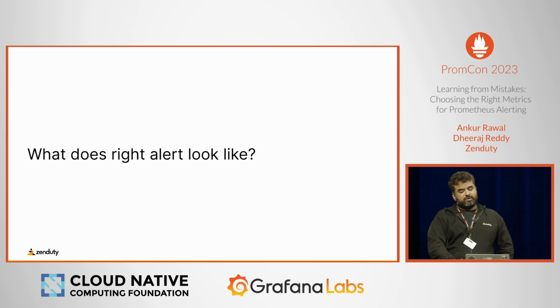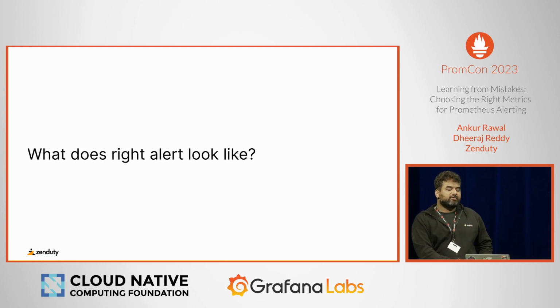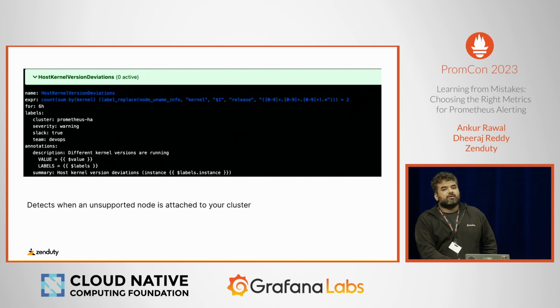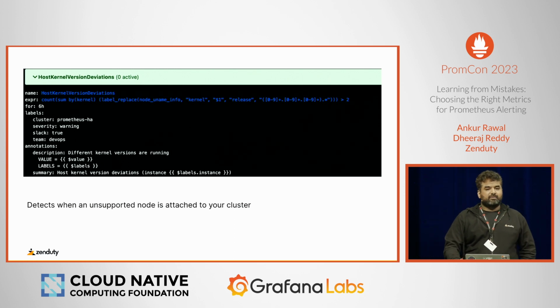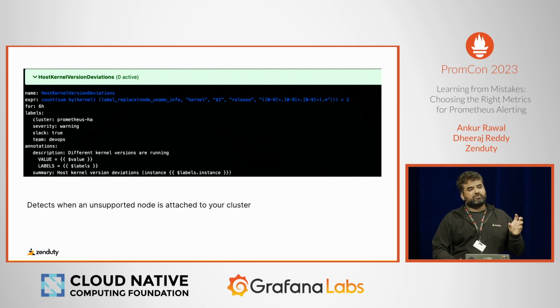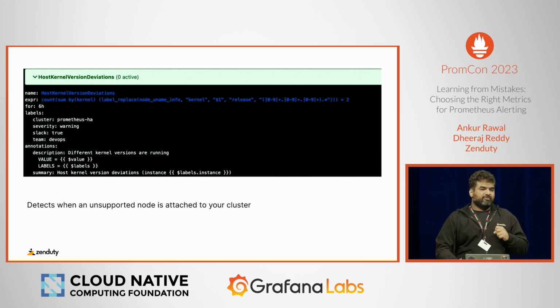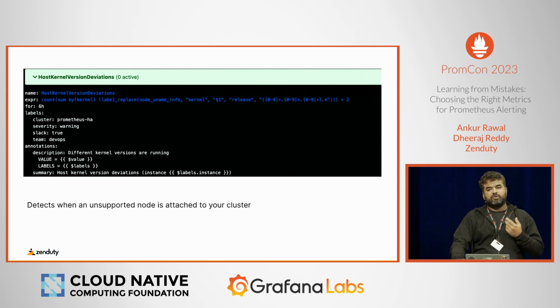I'll cover a few examples of what a right alert looks like. This is one example which we have seen. We need to keep track of our node versions at a kernel level. I know when people are setting up their nodes, they finalize what kernel version they are using, right? But when you set up node refresh, some people will set it to 2 weeks, 1 month, or maybe a quarterly refresh.